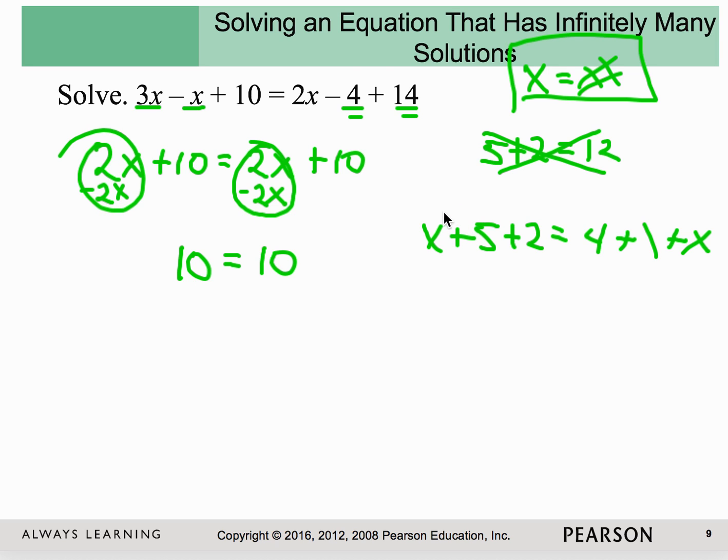And I have to decide, is it no answer or an infinite number of answers? If the statement you're left with is a true statement, then it's an infinite number of answers. Any number I plug in there for x would make this a true statement.